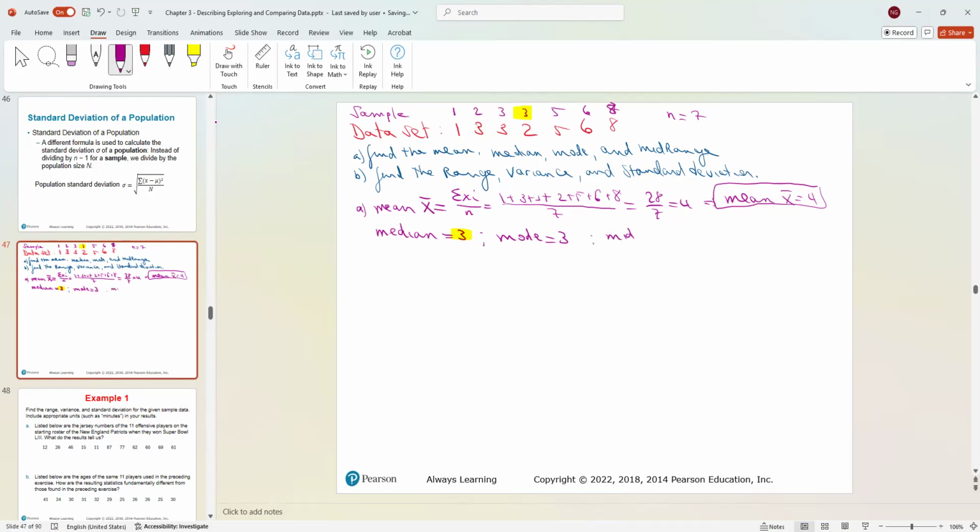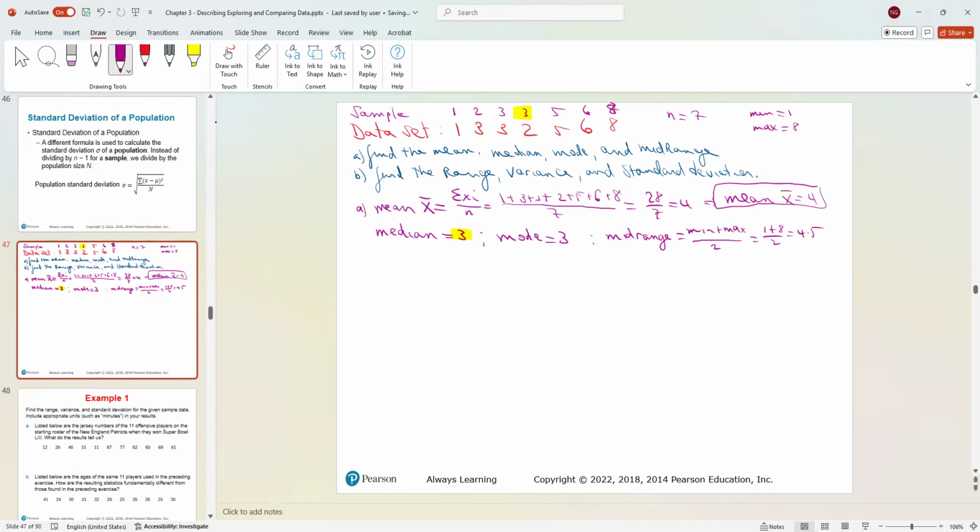Mid-range, you need to add the minimum to the maximum and divide by 2. Remember, the smallest data in the data set is 1. The largest data in the data set is 8. So 1 plus 8 over 2, that is 9 divided by 2, which is 4.5.